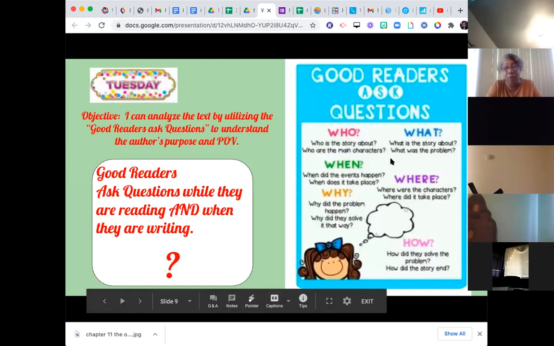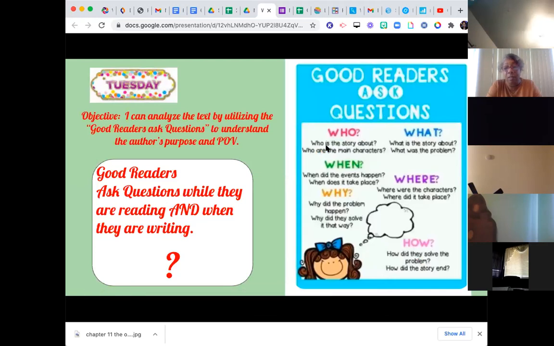The 5 question words. Think about what is Michael Pollan trying to tell us about these chickens and these cows in Omnivore's Dilemma.